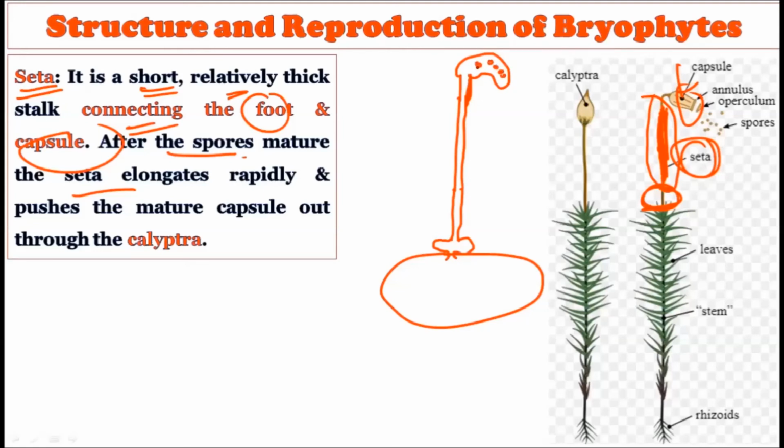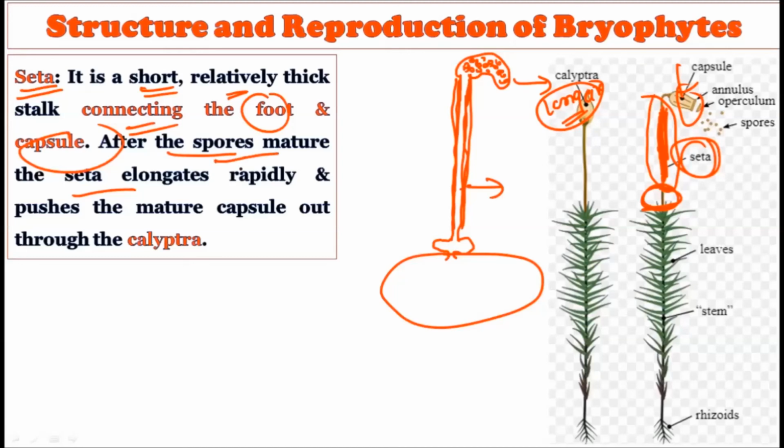The spores are maturing inside this capsule. The long seta will help to disperse the spores over a longer distance. Longer distance travel is made possible by this long seta, and the seta acquires its length only when there are mature spores inside the capsule.